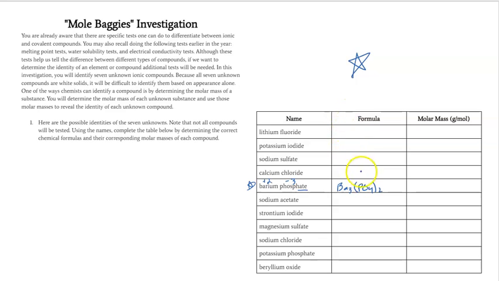What we have to remember, and you've got some space off to the side, is that we've got barium with a mass of 137.33, but we have 3 of those. So we go 3 times 137.33, plus we have 2 phosphoruses, so 2 times 30.97, which is the mass of phosphorus, plus, because we have a 4 inside and 2 outside, we multiply those two, so that's 8 oxygens, so 8 times 16.00.